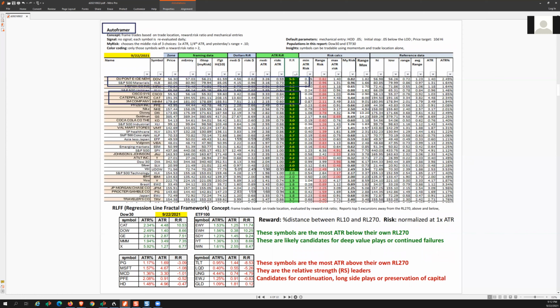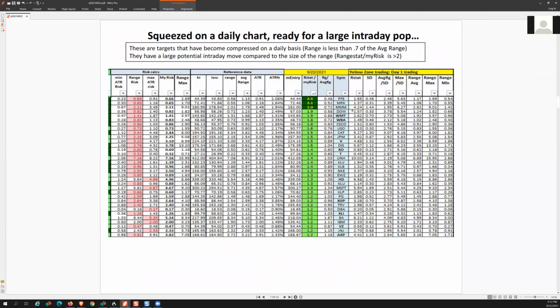Swing trading one day at a time. Pfizer, Merck, and 3M were all kind of daily pinches, the daily squeeze. Squeezed on a daily chart, ready for a large intraday pop. That is exactly the candidates that I want for swing trading one day at a time. This is a rich source of good ideas.